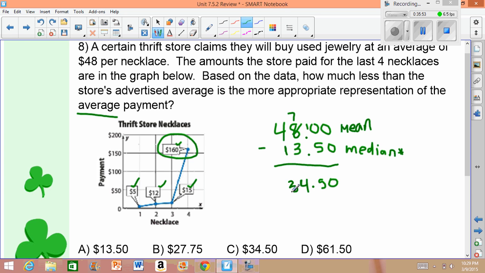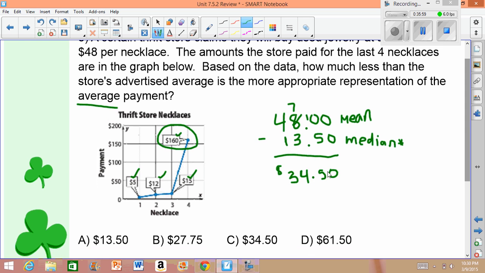So that means that our best representation of the data, compared to the mean, there is a $34.50 difference. That one piece of data, that $160, is definitely not part of the other pieces of data that are closer together.